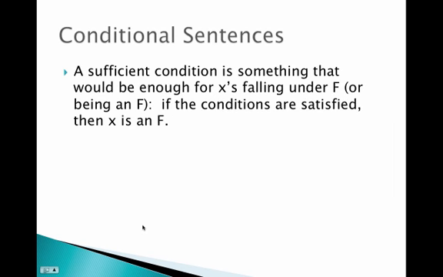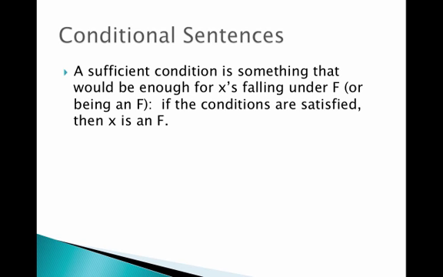Well, now that we've established what a necessary condition is, let's talk about sufficient conditions. A sufficient condition is something that would be enough for X's falling under F, or being an F. If the conditions are satisfied, then X is an F. So, for example, a sufficient condition of pornography would be, let's not go there.